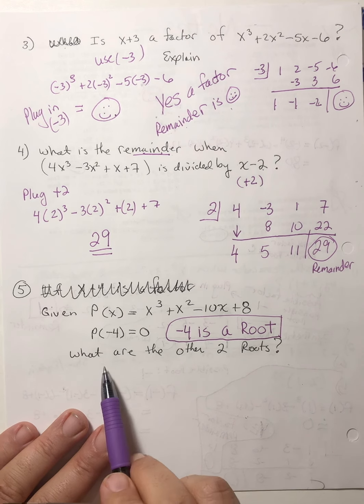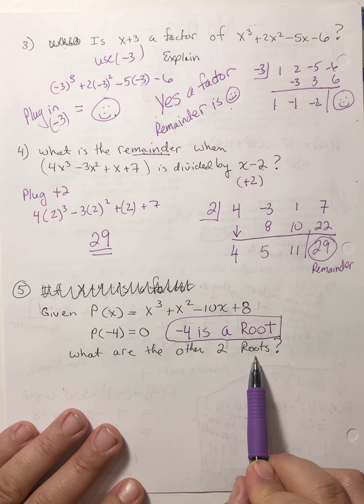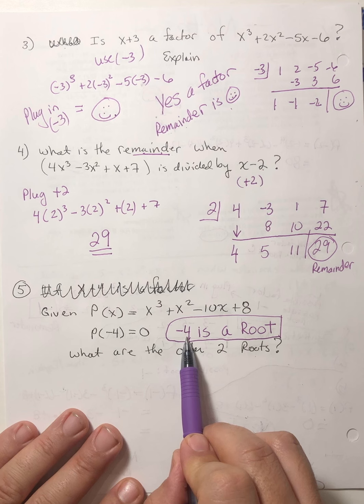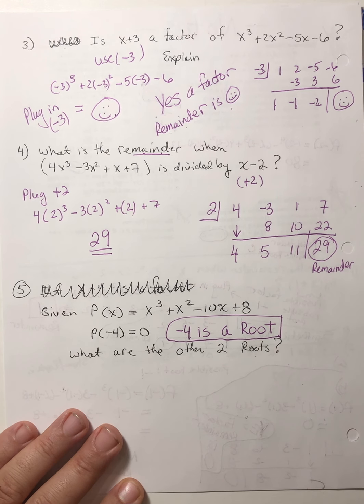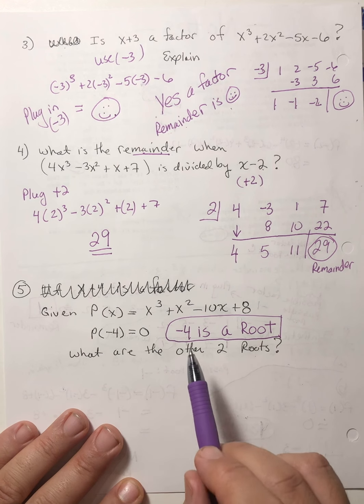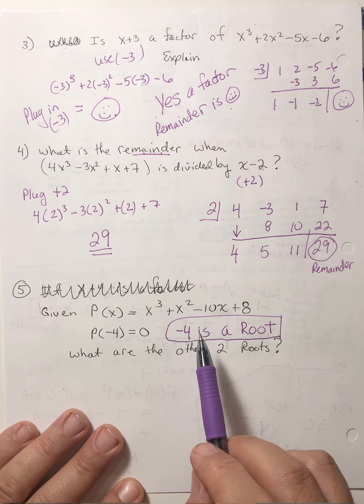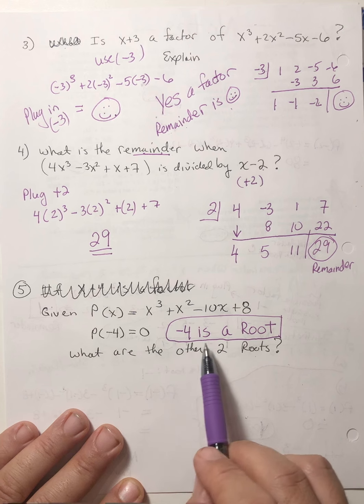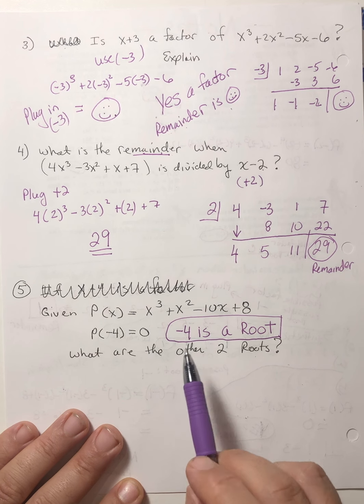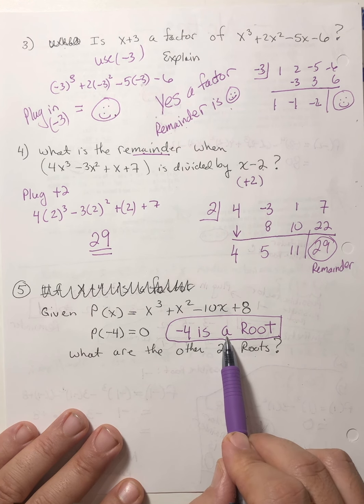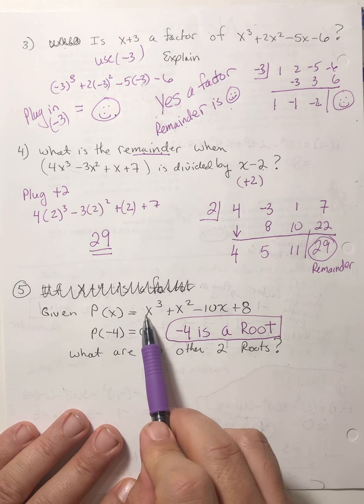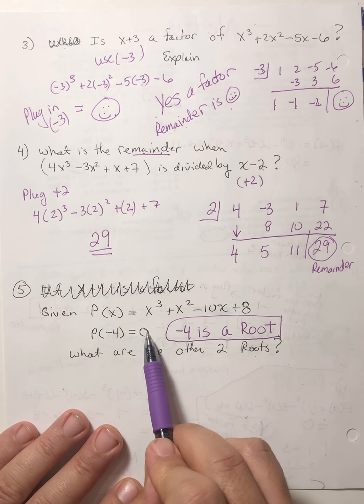Now, in order for us to find the other two roots then, we have to use negative 4 in synthetic division, okay? We have to do this by synthetic division. Why am I saying that? I cannot plug in negative 4. If I plug in negative 4, it just gets 0.